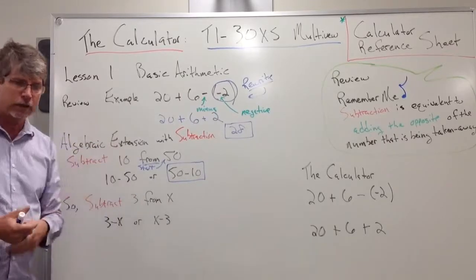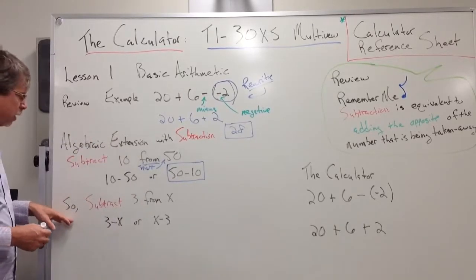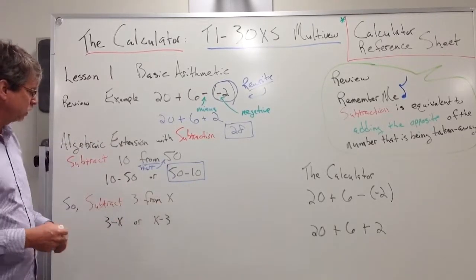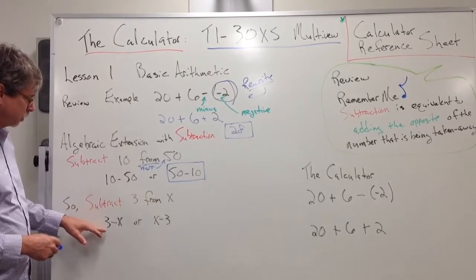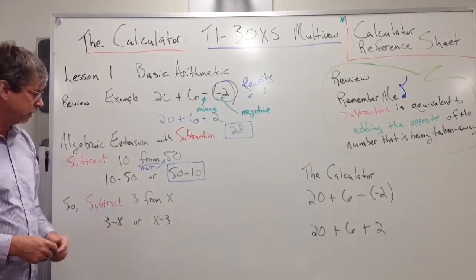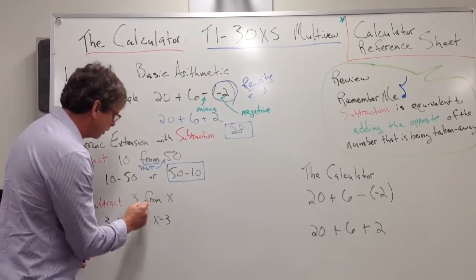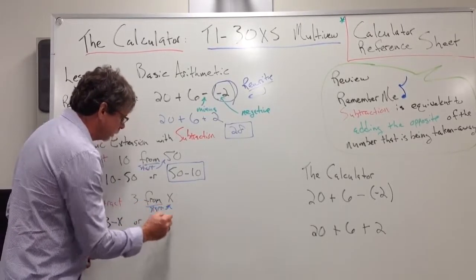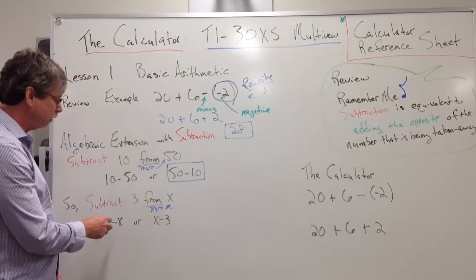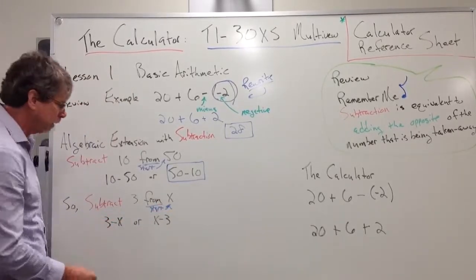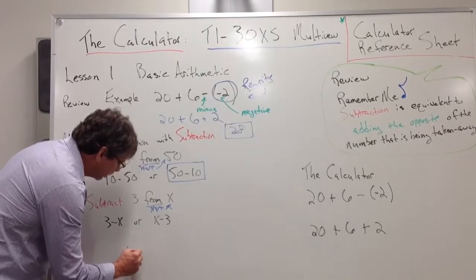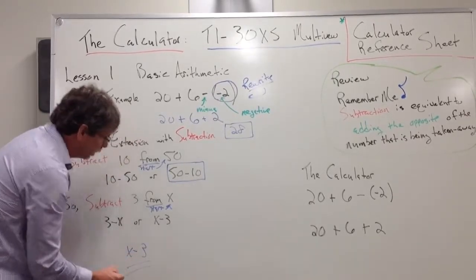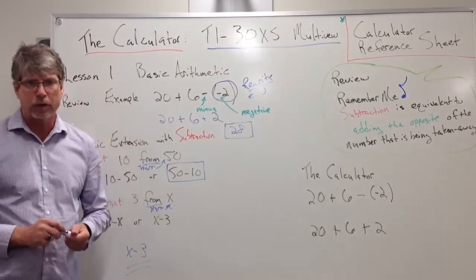If I use that logic and take this into an algebra problem, subtract 3 from x, are we going to have 3 minus x or x minus 3? Remember, the word from means start with. I want to start with the x. So instead of 3 minus x, we should really be saying x minus 3. So x minus 3 would be the correct way of writing that using algebraic language.